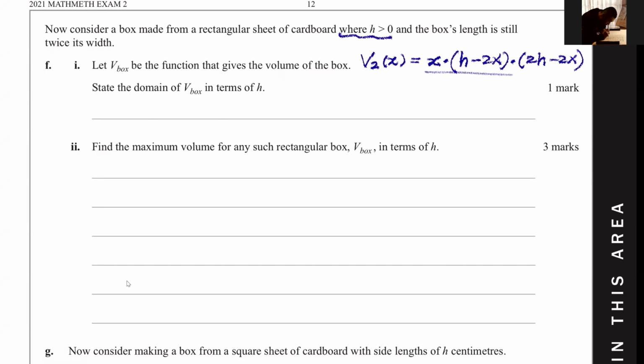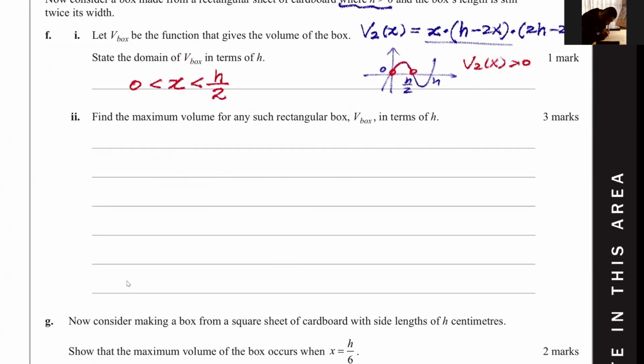And the domain restriction, think about the graph again. This must be 0, this must be half h, this must be h, but we're still choosing V2(x) greater than 0. So the domain is going to be greater than 0, but less than half h. And then we still replicate the previous part to find the maximum volume, but this time we let V2(x) equal 2x times h minus 2x times h minus x.